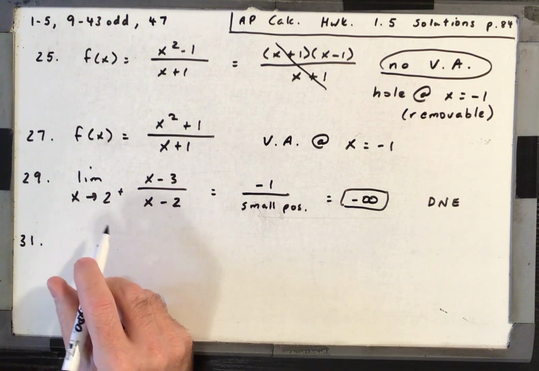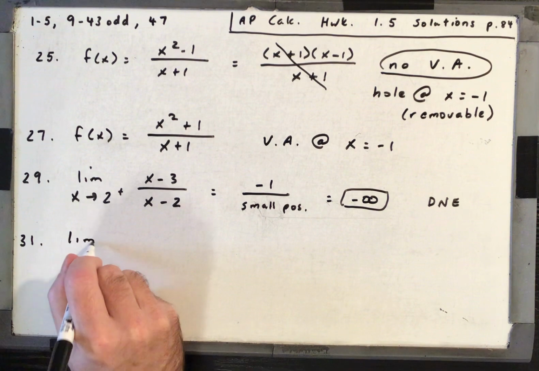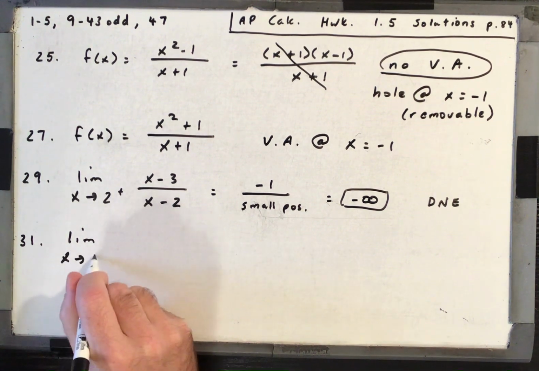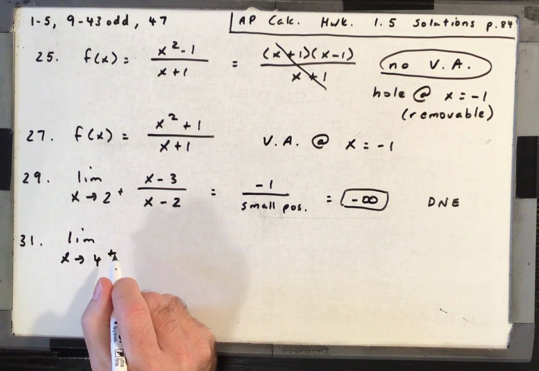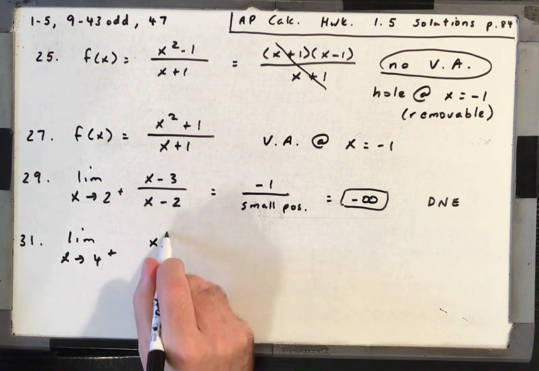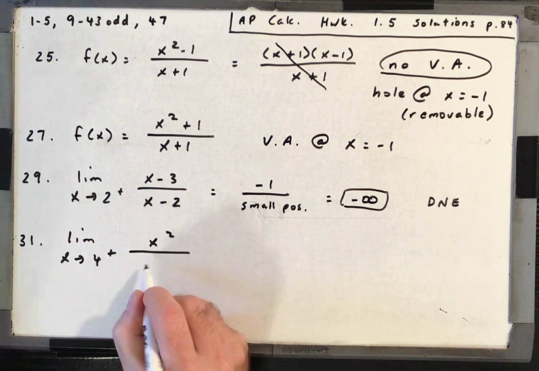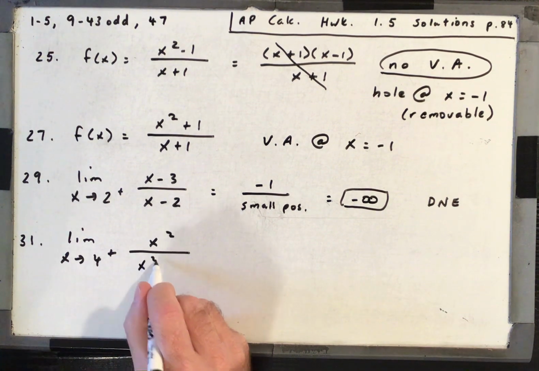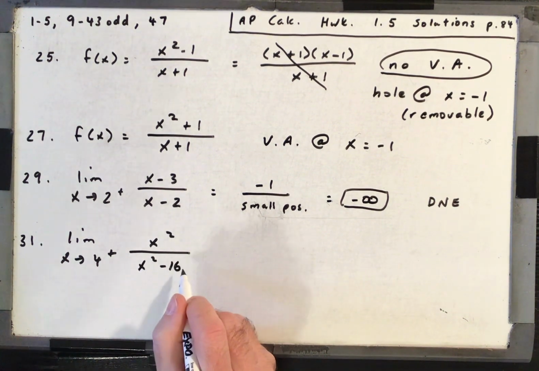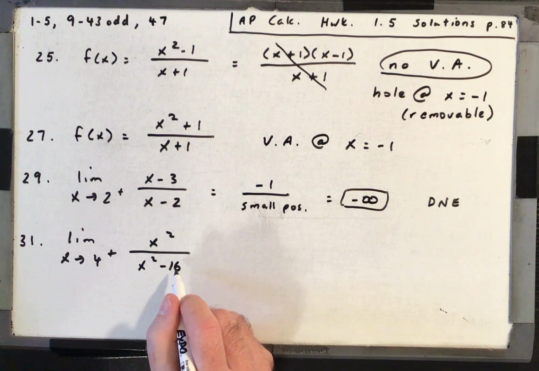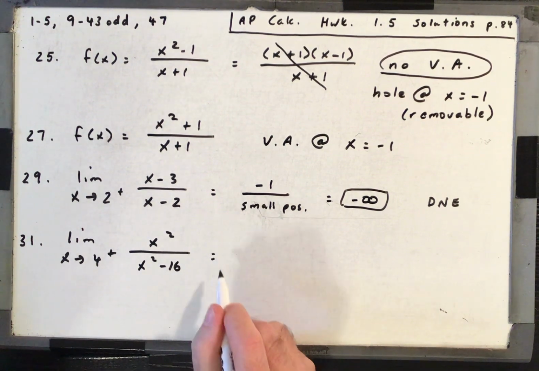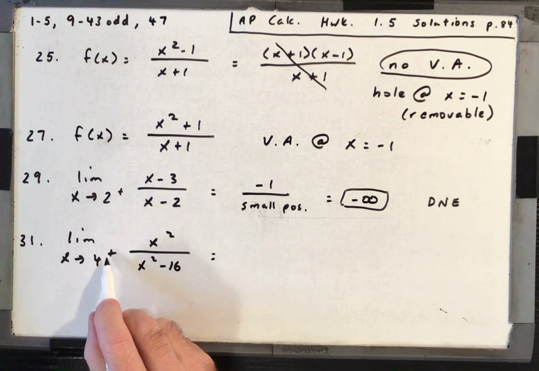All right, 31, the limit as x approaches 4 from the right of x squared over x squared minus 16. Okay, on this one, we're just taking the limit from the right.